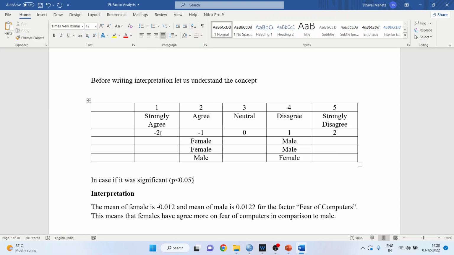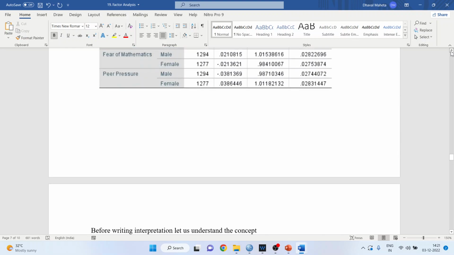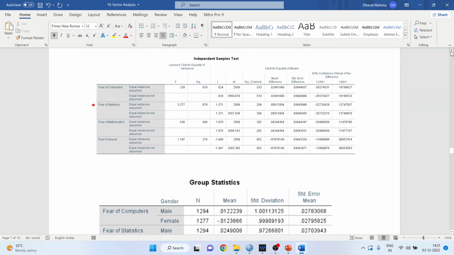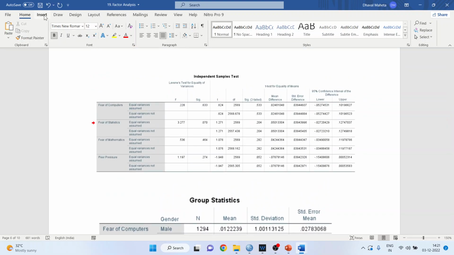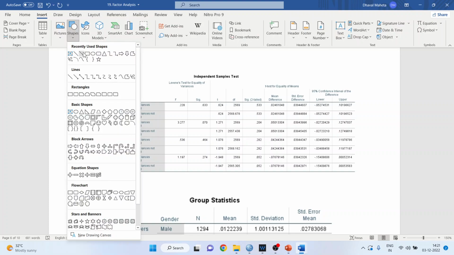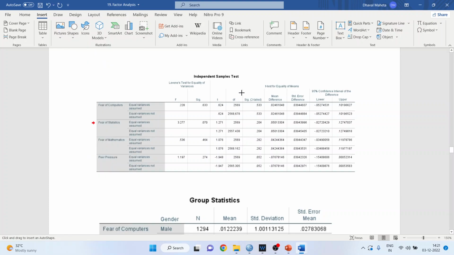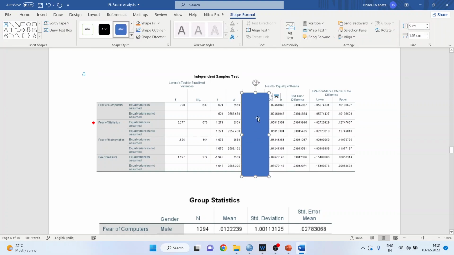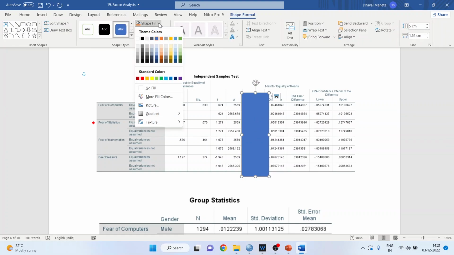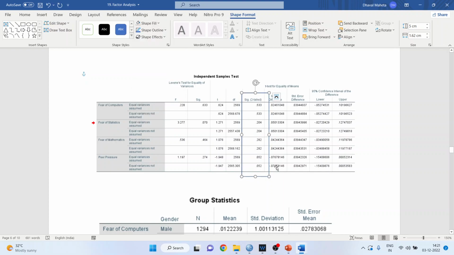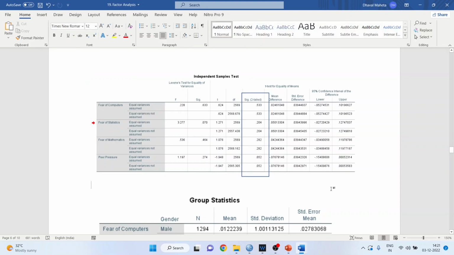Now, in case the p-value was significant, I'm talking about this value. Let me insert a shape from here. If this value was less than 0.05, this means that the fear of computer is not equal in male and female.